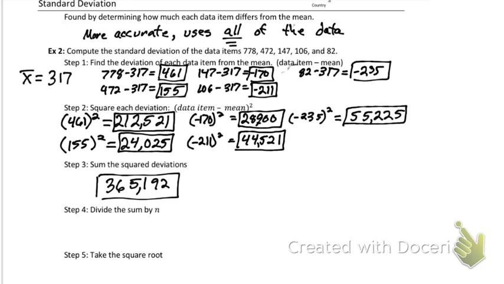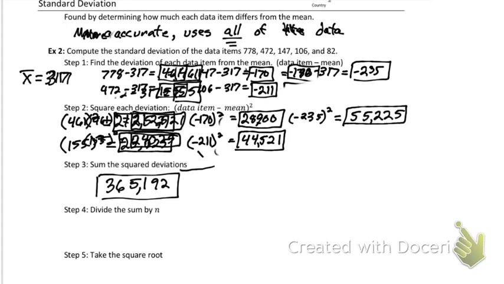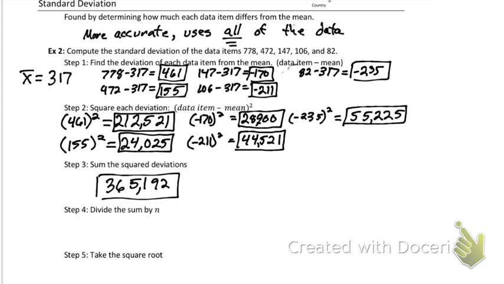What we are going to do next is average that number by dividing by how many total data points we started with, and we started with 5 of them. So I'm going to go to my next slide. I'm going to say, well, my N was 5. We had 5 countries.